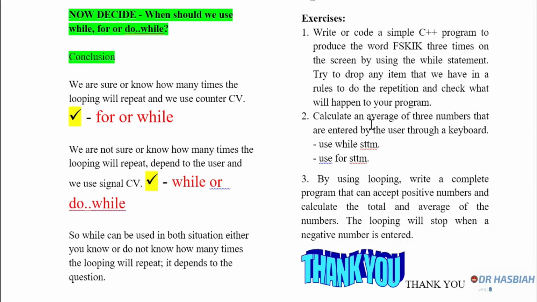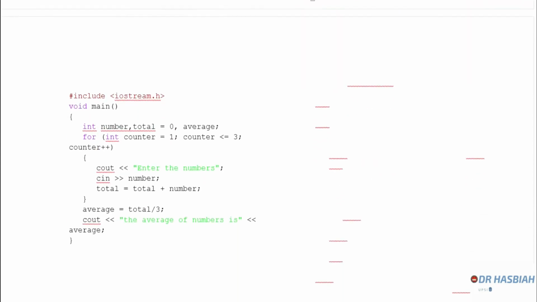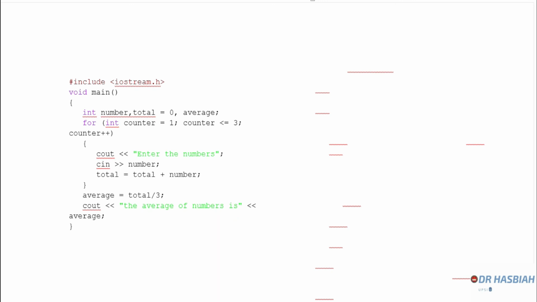So in order to solve this problem, you have to use the while statement and then the second one, the for statement. I've discussed the answer for this question first, so you get the idea, then you can solve another question. In this case, I use the for statement.